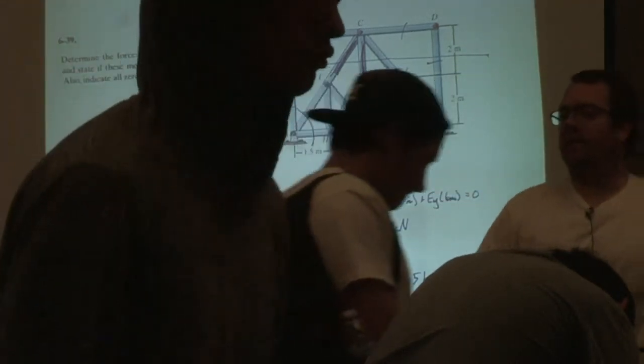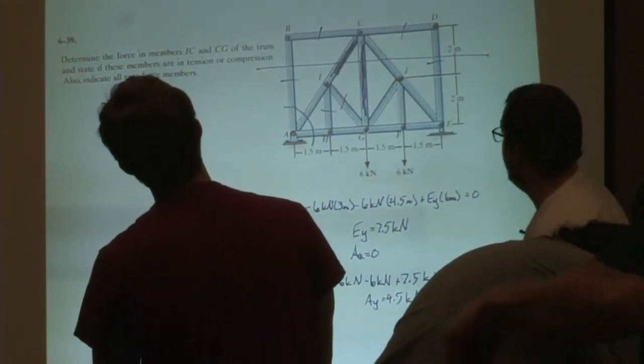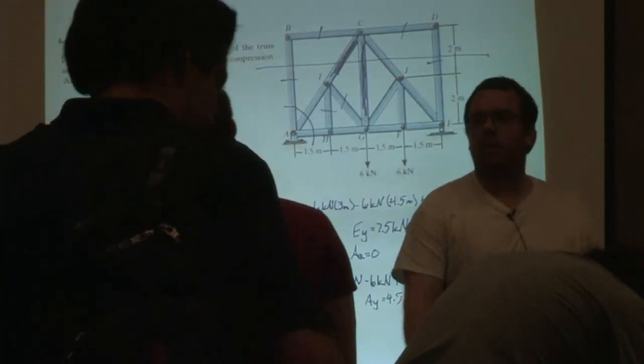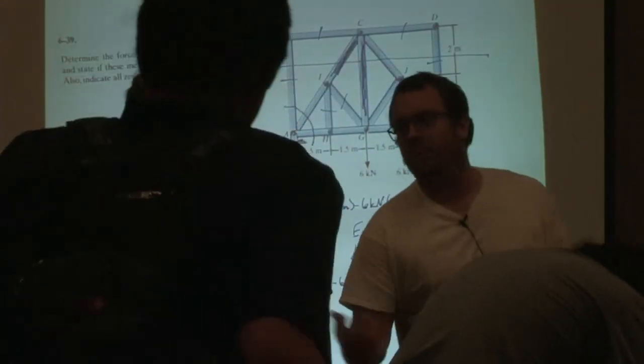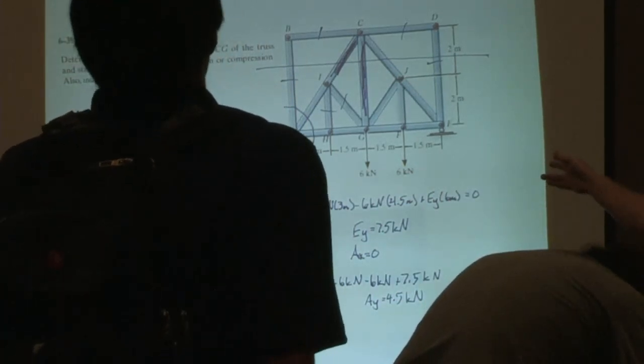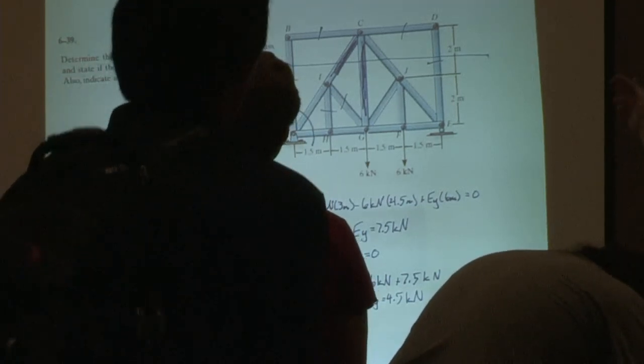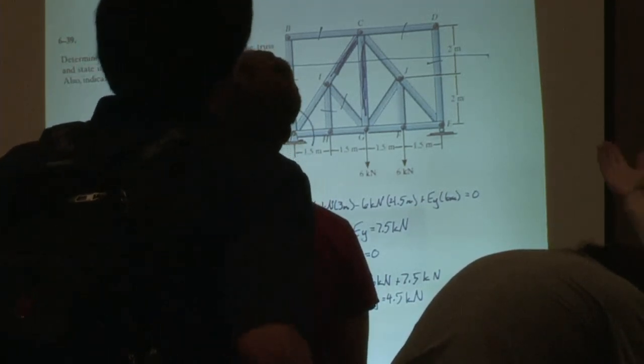Is it perpendicular? Yeah, it's supposed to be perpendicular. They made it that way so that you only have distances on the bottom, and then you have some of the distances on top. But yeah, it's a perpendicular member.